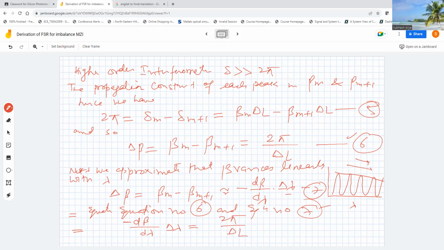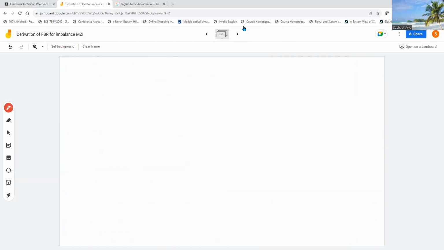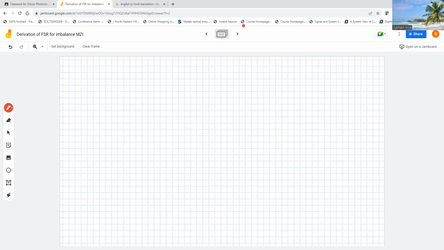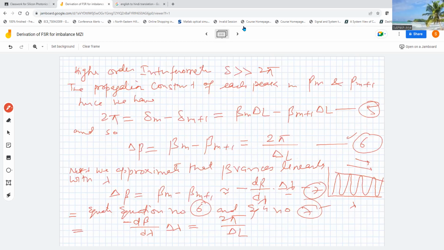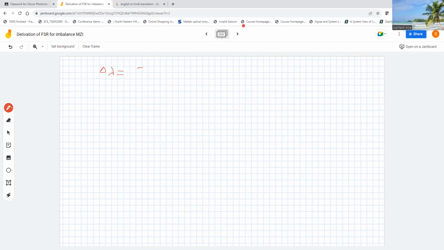Now we want to put this equation so that only delta lambda is on the left hand side. So we can write now, delta lambda is equal to minus, since this negative sign is there, bring the negative sign to that side.